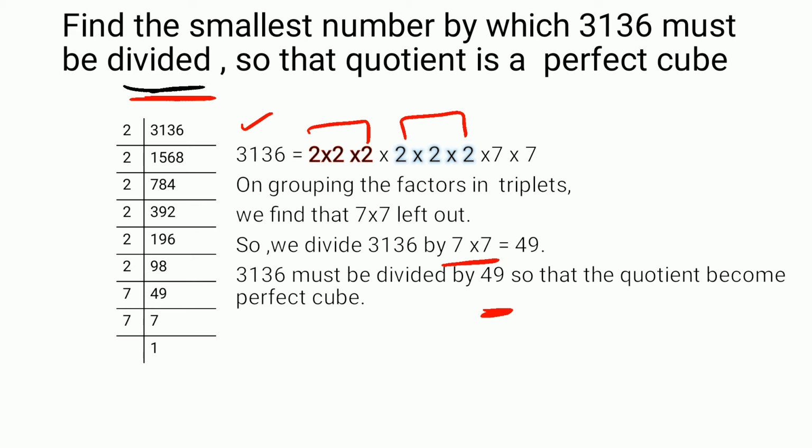Like here 7 into 7 is without grouping, so firstly we multiply each other and then divide by the number. After dividing 3136 by 49, we will get a perfect cubic number.